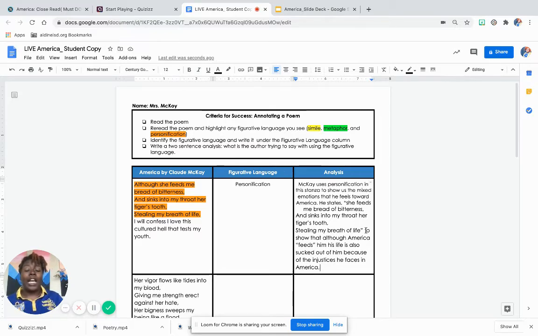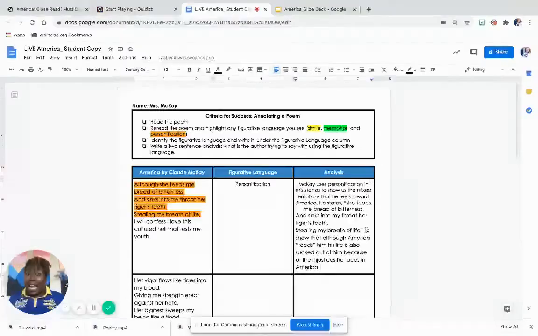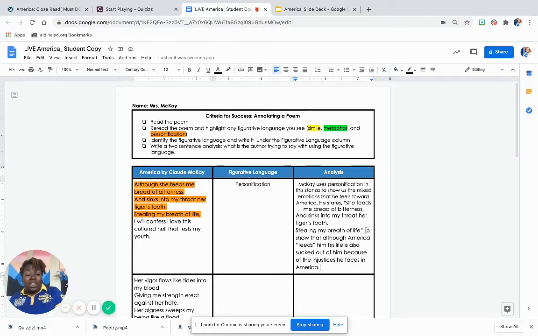But in the 1920s and before then, and for a long time, and still going on in America, Black and brown people have been faced with injustice, but in this case, Black people were faced with injustices. And so, even though America gives him life, for instance, he's here because his family migrated. Remember, he's Jamaican American. His family migrated to America.